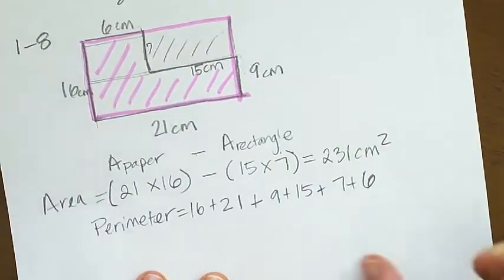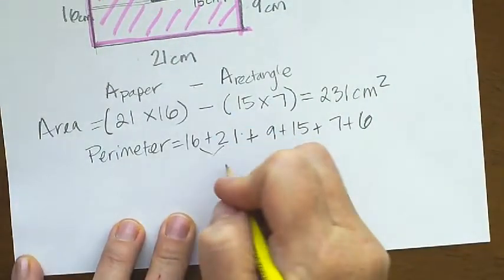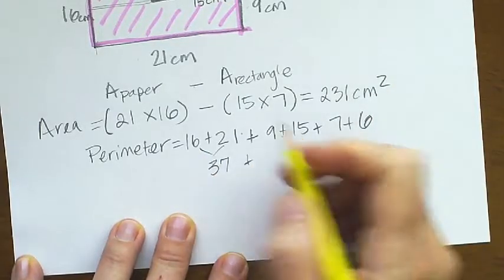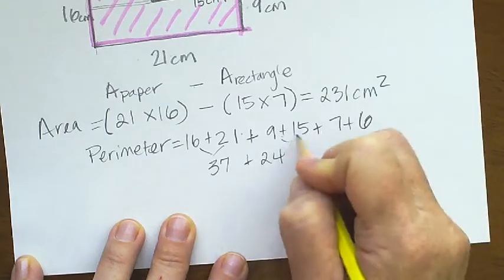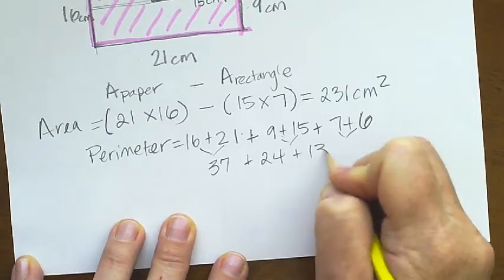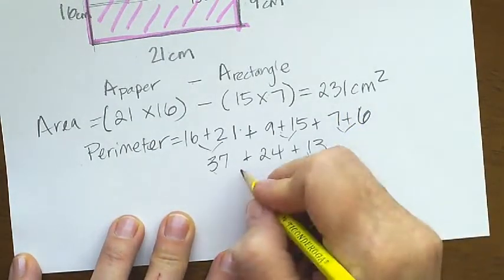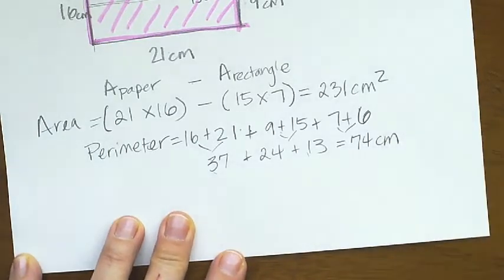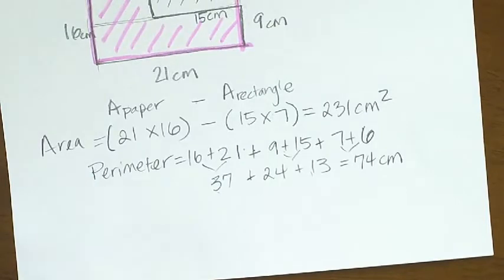When I'm adding, I could just put this in my calculator real quick, but you could just do 16 and 21, that's going to be 37, 9 and 15, that's going to be 24, 7 and 6, that's going to be 13, 37 and 13, that's going to be 50, plus 24, 74. So my perimeter is 74.